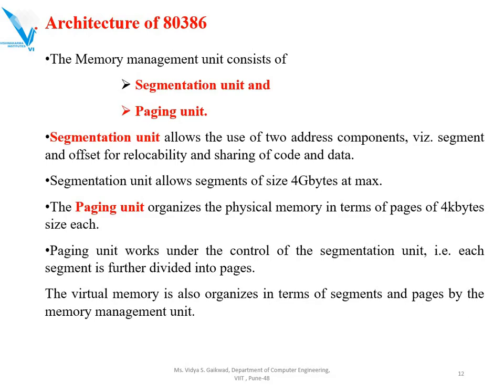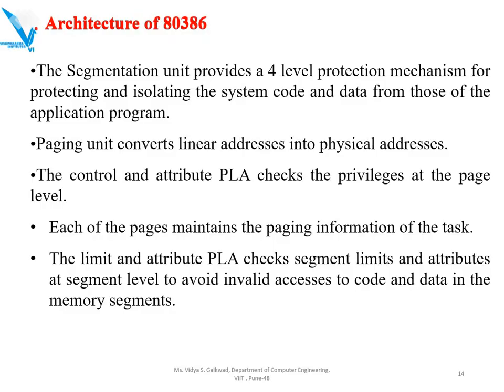So this paging unit works under the control of segmentation unit, that is, each segment is further divided into pages. The virtual memory is also organized in terms of segments and pages by the memory management unit. So the segmentation unit provides a 4-level protection mechanism for protecting and isolating the system code and data from those of the application programs.